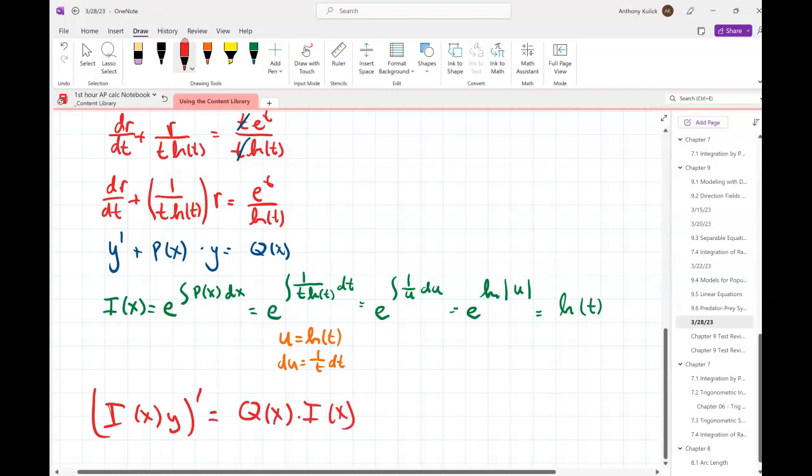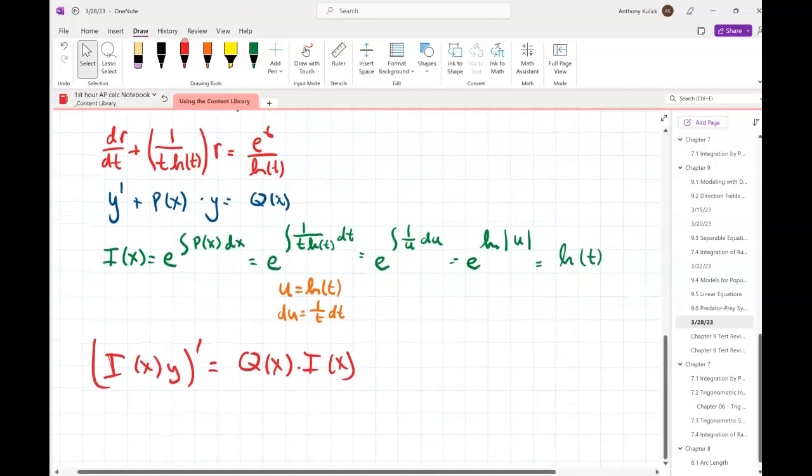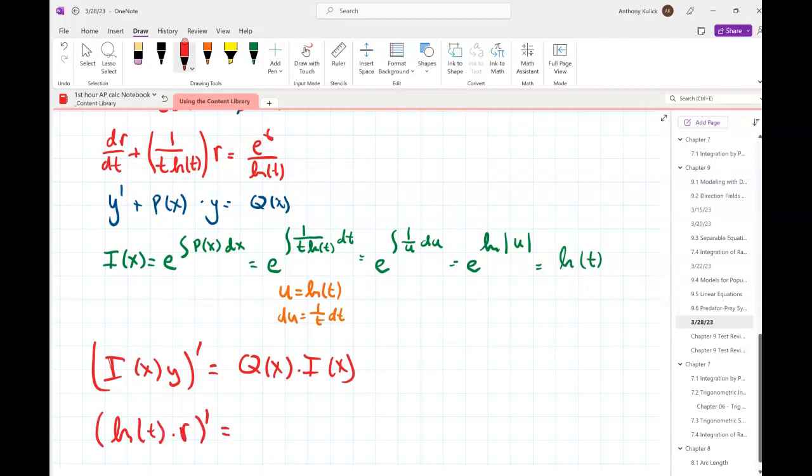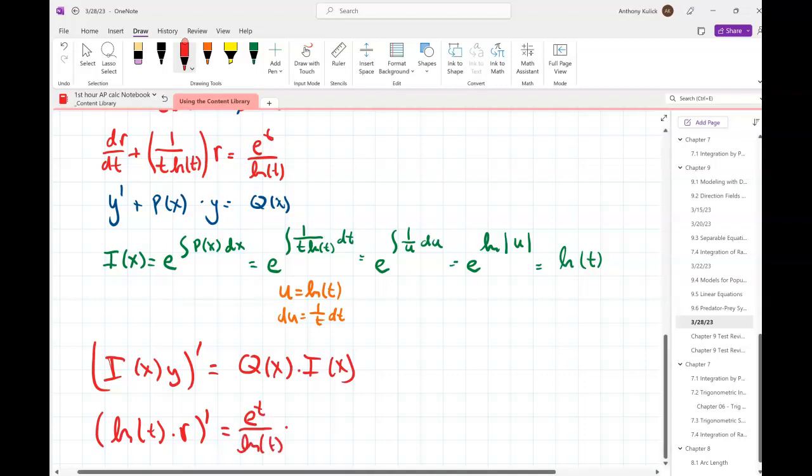So we can write that then. Is that okay? Here we would have natural log of t times r equals my q of x, which was e to the t over natural log t, and my I of x is natural log t.